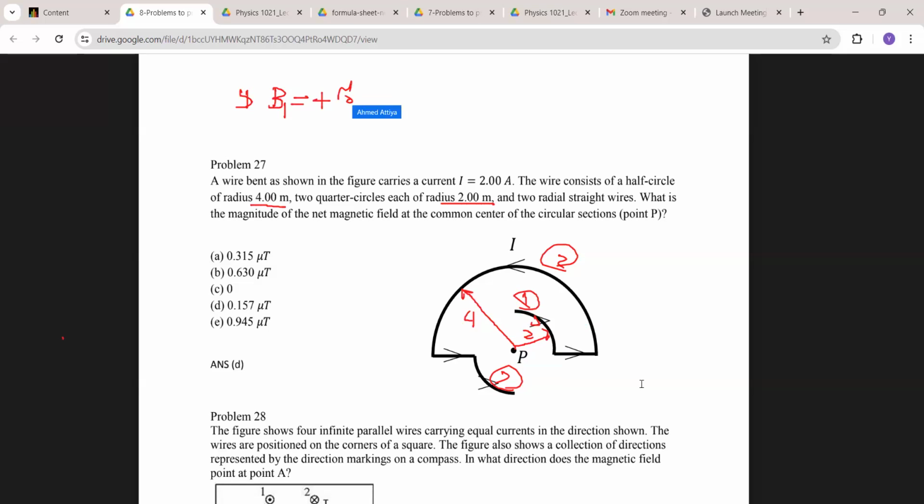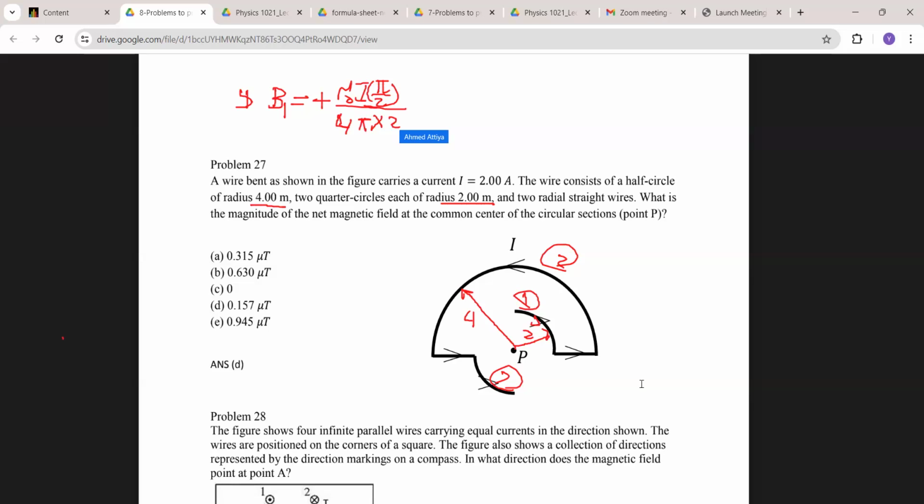Mu naught I over 4 pi, the angle phi is pi, so mu naught I pi over 4 pi, the value of R is 2.